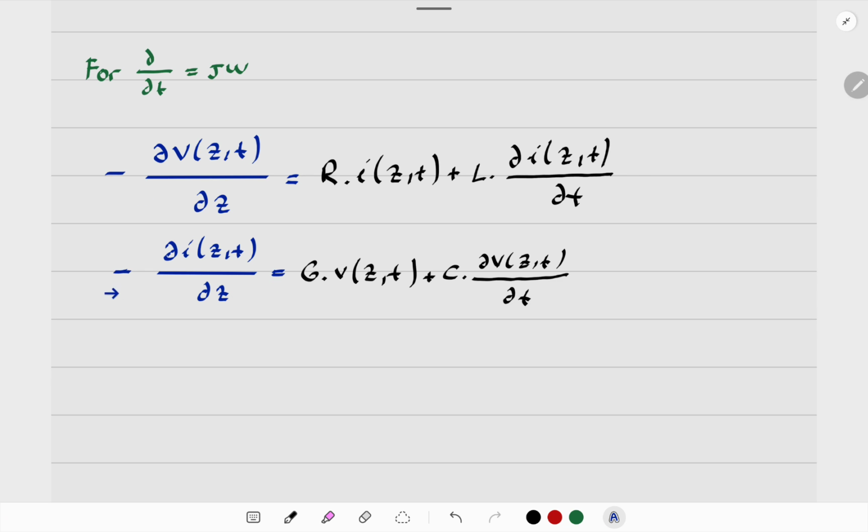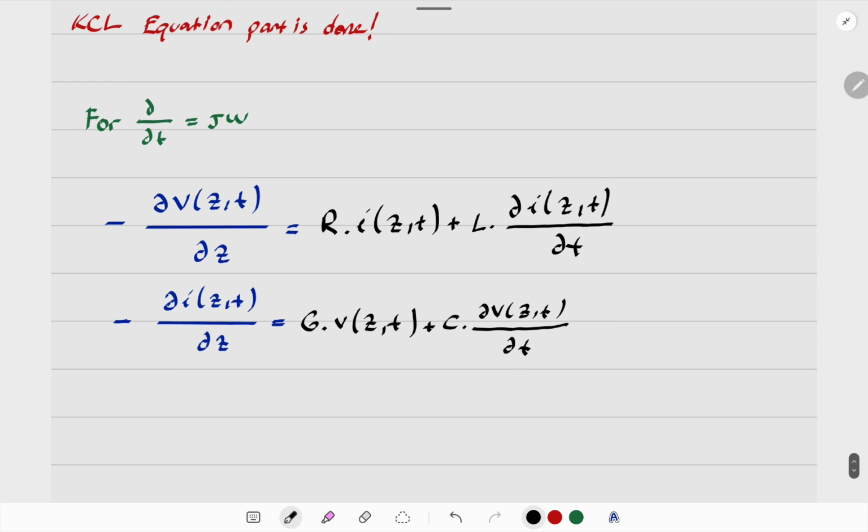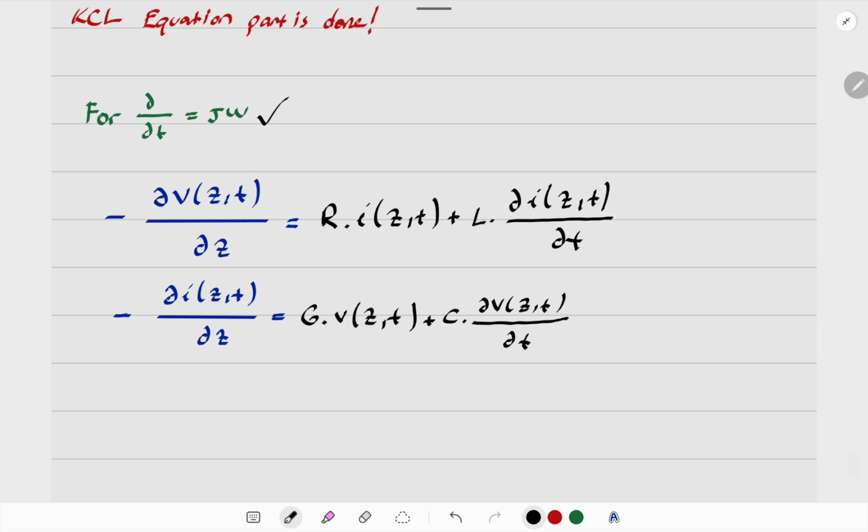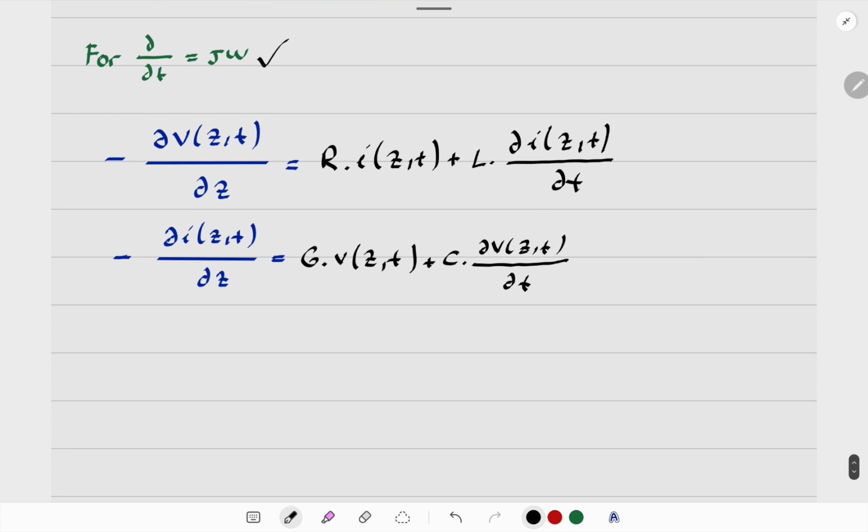So if we apply this information on both equations, we see something like this. This part becomes j omega, and this part becomes j omega, as we can see from here.